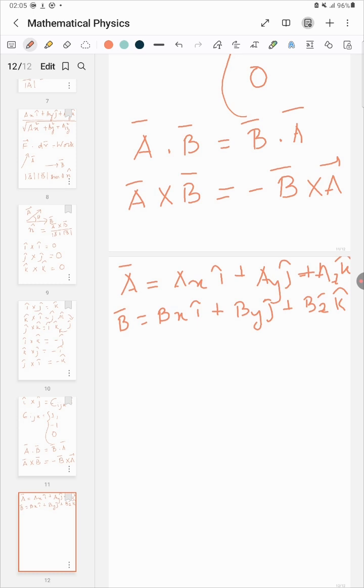So what is the simple way of finding A cross B if A and B vectors are expressed in this way, in terms of components of i cap, j cap and k cap?